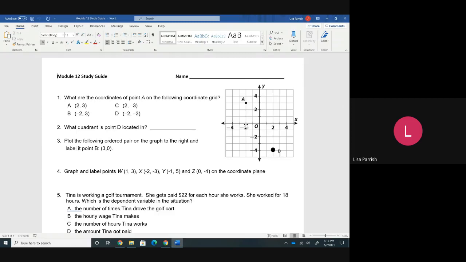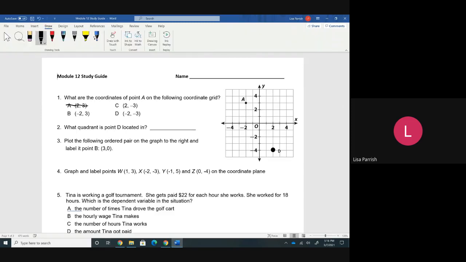Looking at my choices A, B, C, and D, I can go ahead and eliminate choices A and C because they do not start with -2. I'm going to use a different color ink just so this will stand out. That leaves us with choices B and D because they both start with -2, and that's where we are when we dribble over.